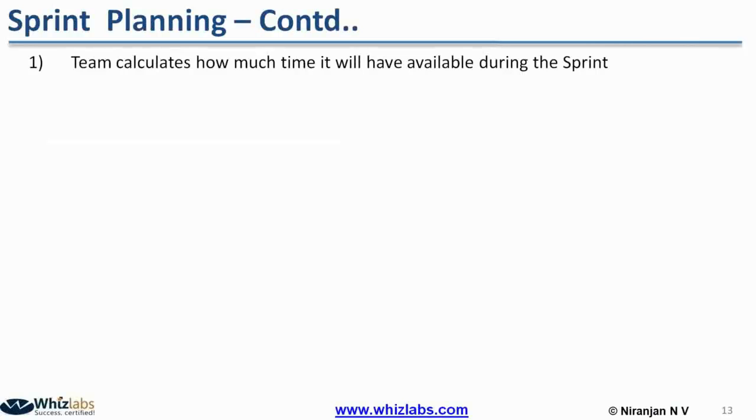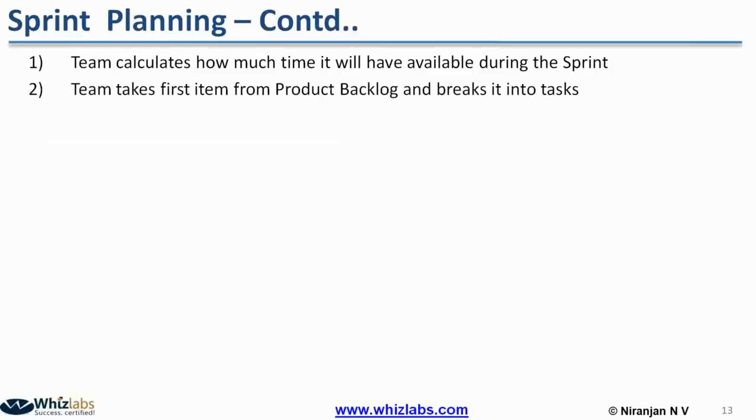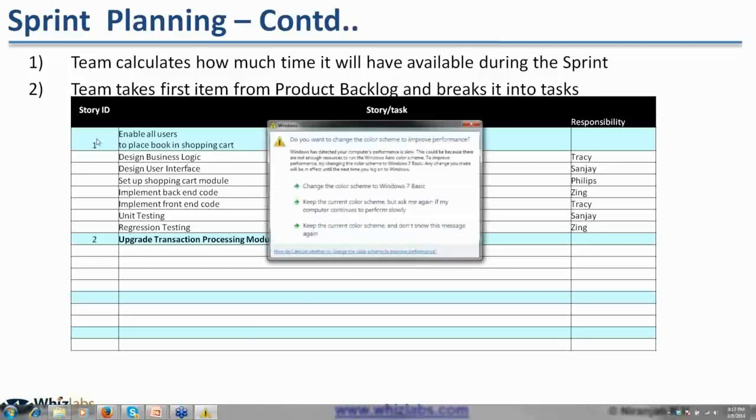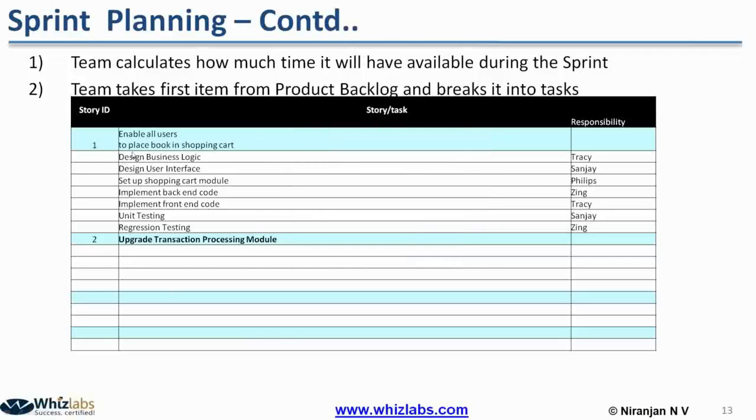So that is the second part of the planning meeting. Once the available time is known, the team will take the first product backlog item and start identifying the sprint tasks, and also identify the responsibilities.